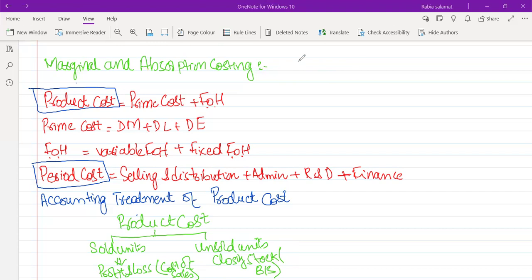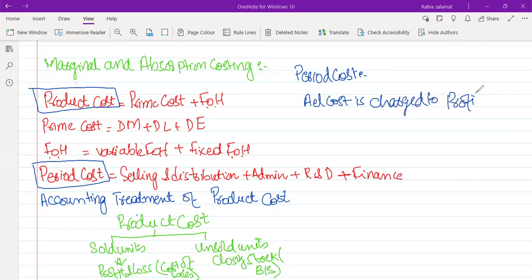Whereas when we see the accounting treatment of the period cost, all cost is charged to the profit and loss account irrespective of production and sales volume.